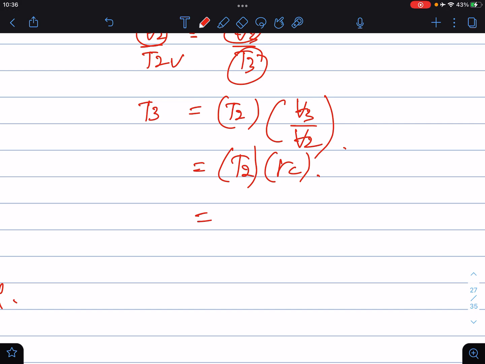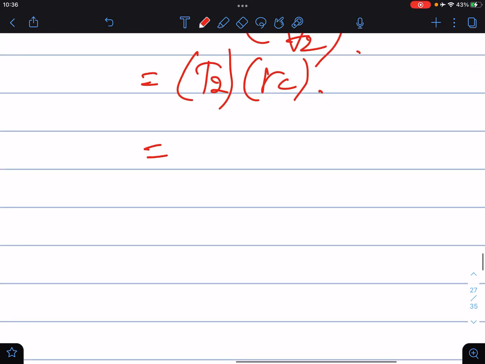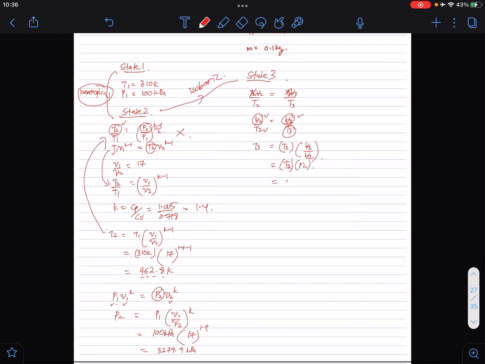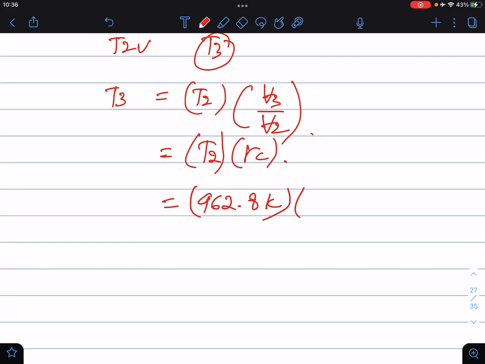So the T2 we calculated just now is 962.8 Kelvin. We multiply with the cut-off ratio here, 1.3.